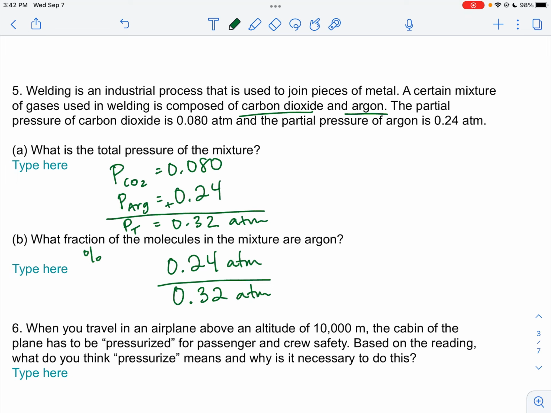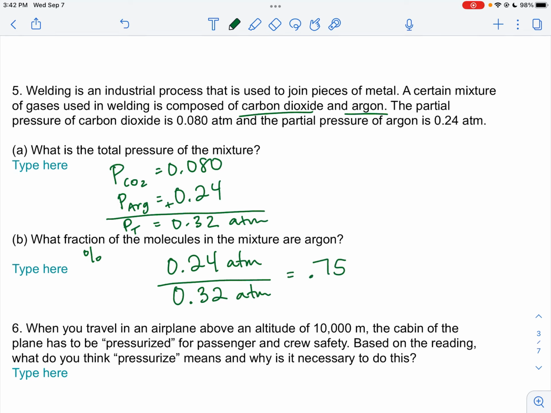How did you figure out the percent you got correct? You took the questions you got right and divided them by the total. Ten right out of 20 questions is 50%. That's the same thing that we're doing here. We're taking our pressure of argon, dividing it by the total, and that gives us 0.75.